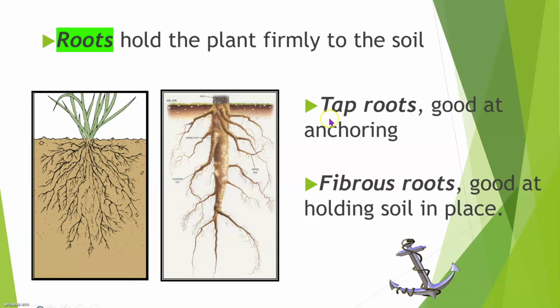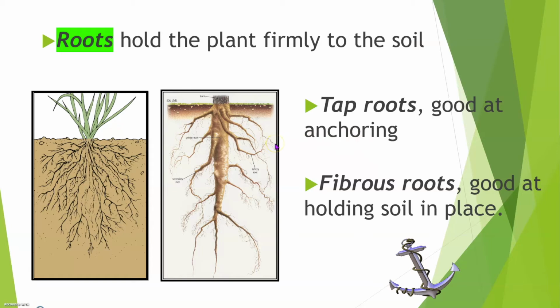So we have types of roots. The first root is the tap roots. Everybody repeat after me. Tap roots. Very good. So tap roots are good at anchoring. So this is the tap roots. We already know the word anchor.